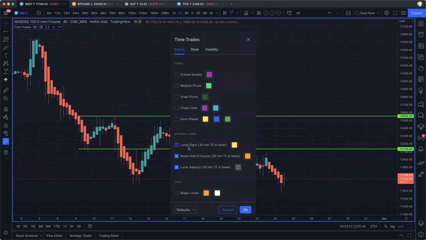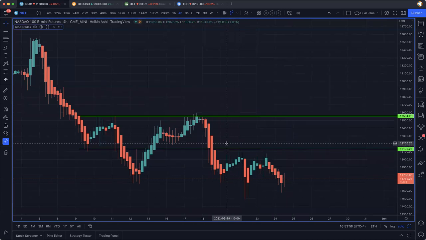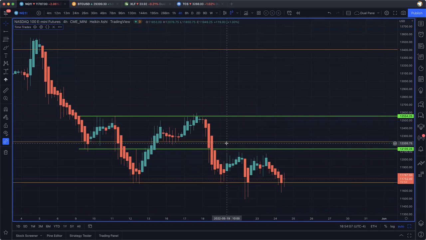Let's turn on my favorite indicator, which is magic levels. Magic levels have proven to be super powerful and super useful. I like them a lot because I use them as support and resistance levels, except they are always there.